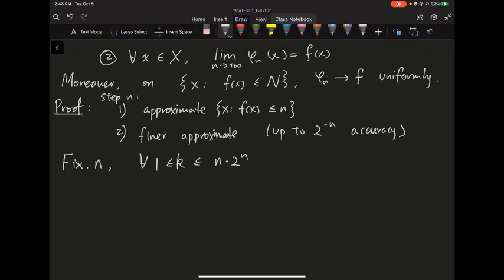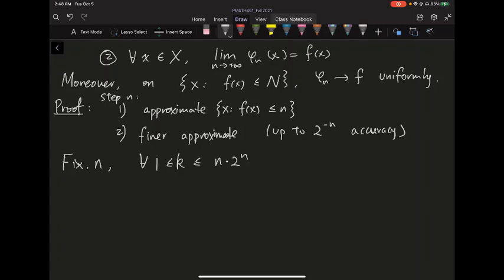And that gives you a finite collection. Remember, we need to have a finite collection in the simple function, so we cannot let n go to infinity and approximate everything. Let's end at f of x equals n.